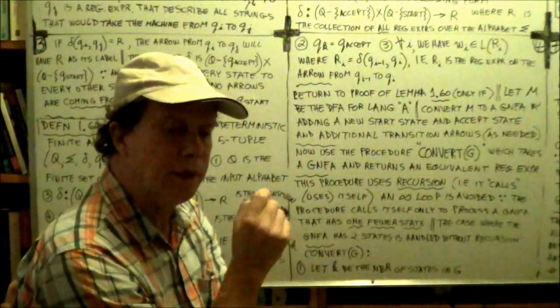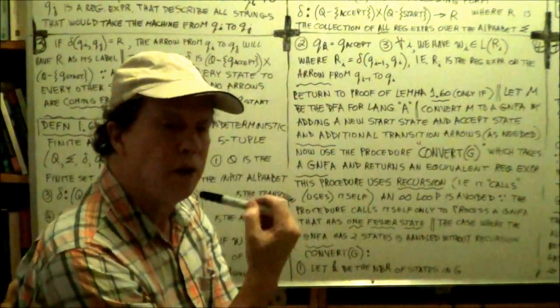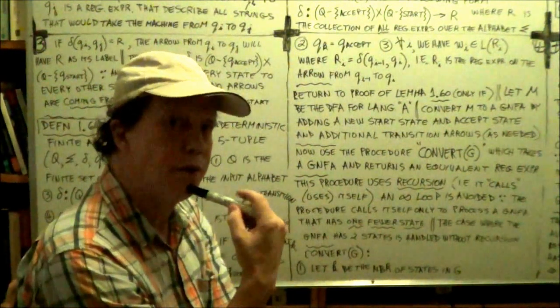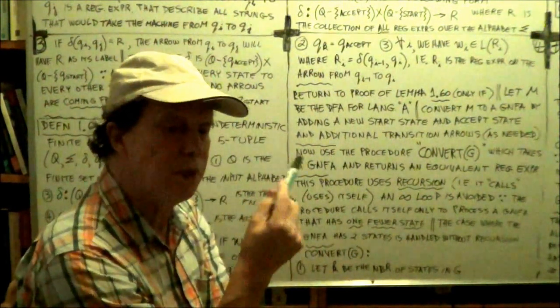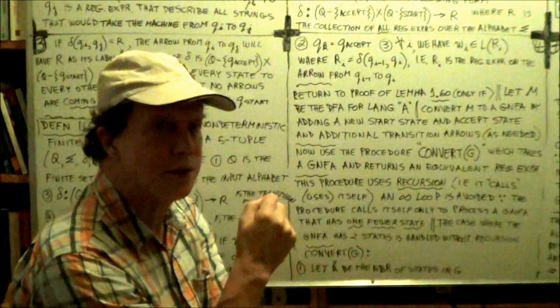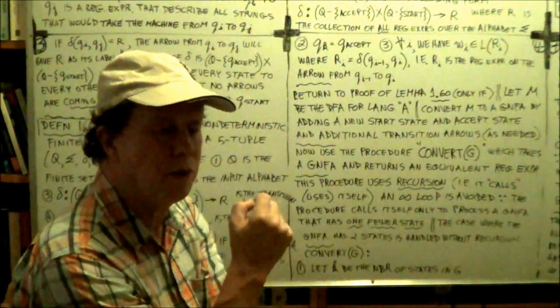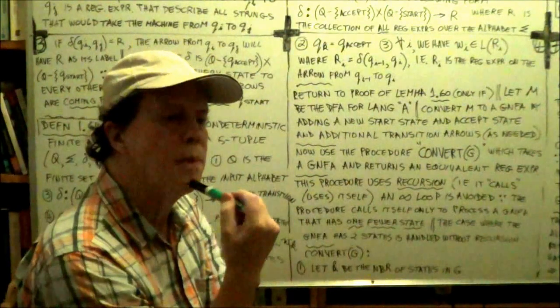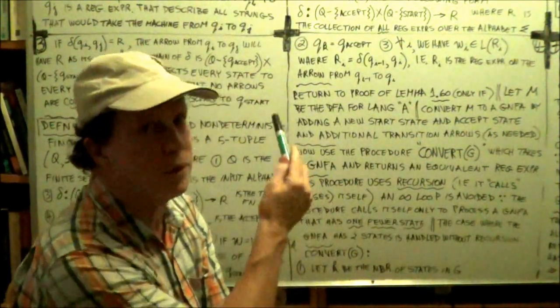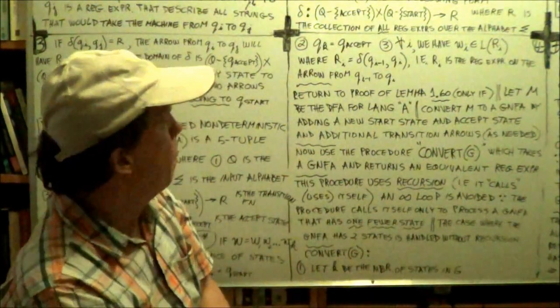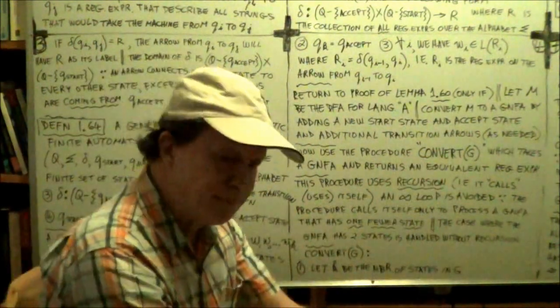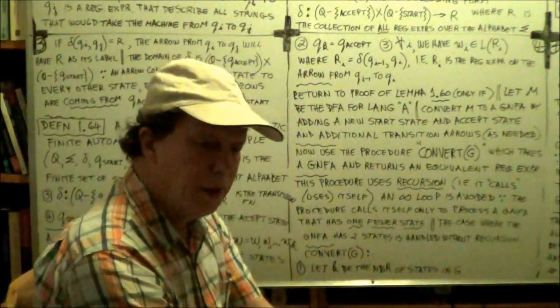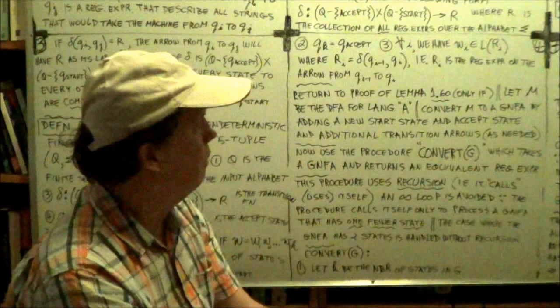Modify the labels on the transition arrows between any pair of states, Qi to Qj. You modify the labels on them in the way we described in the earlier session. Now, to do that, there's a routine.